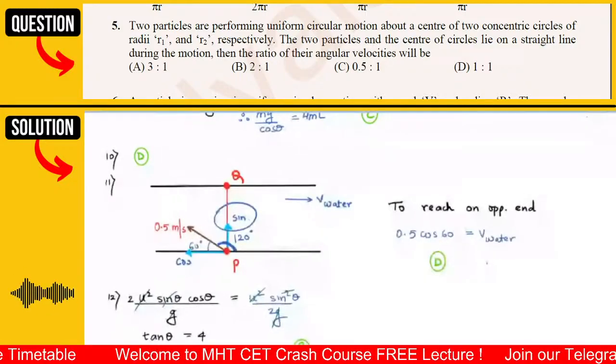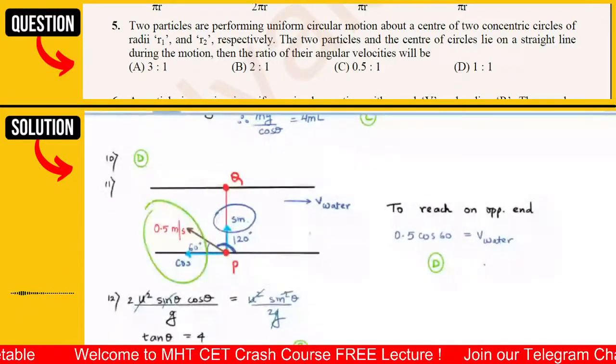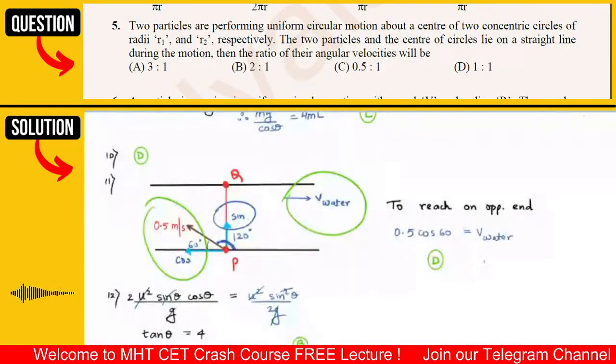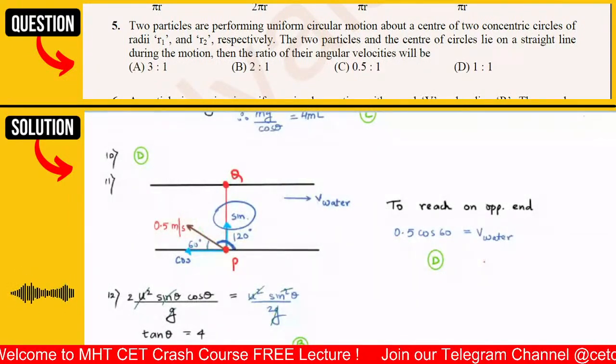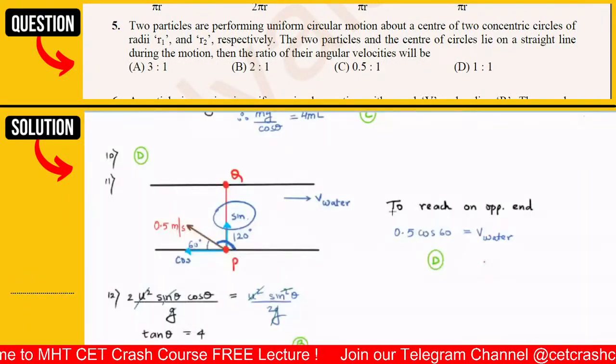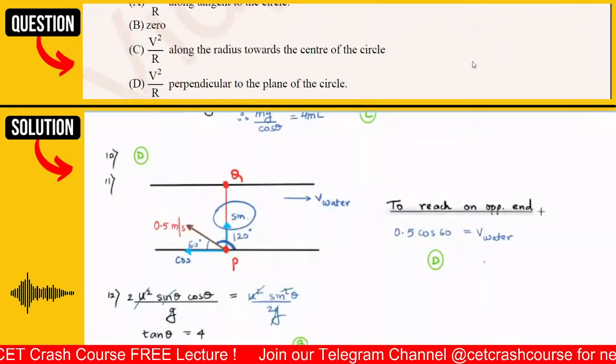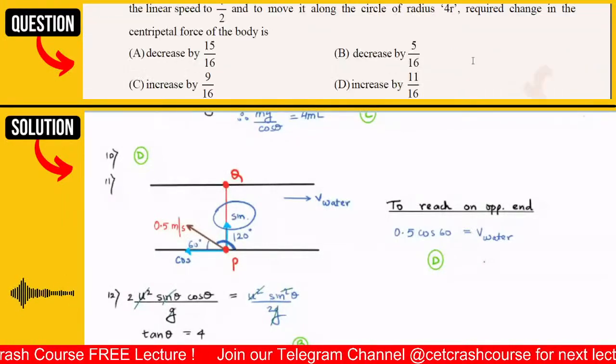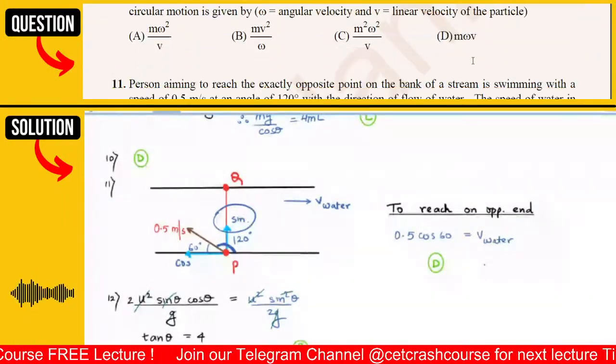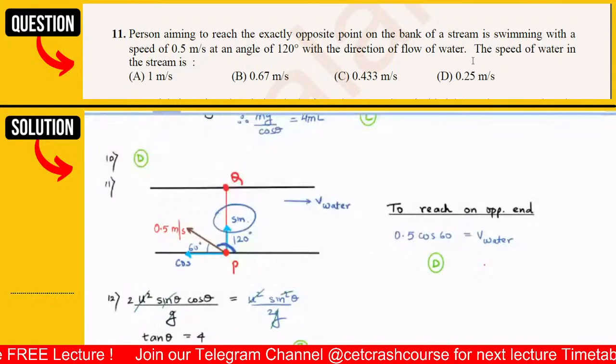So the cos component of the velocity should be equal to velocity of water to reach the opposite end. That is the condition that I have written here. To reach the opposite end, both the values of velocity should be equal. When you equate it, you are going to get the answer as option D, fourth option.